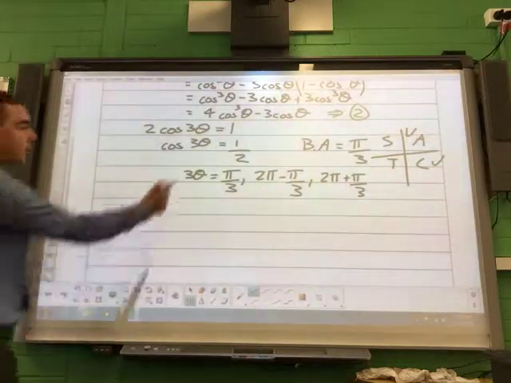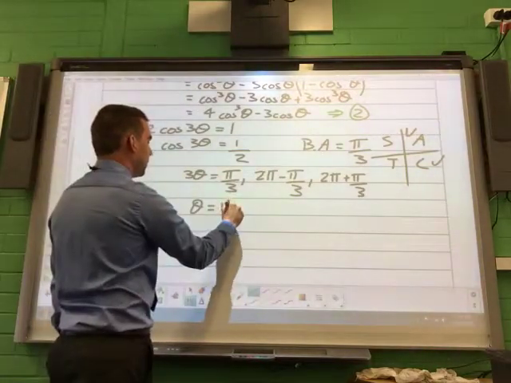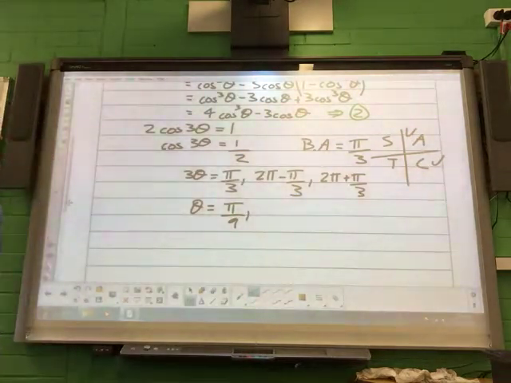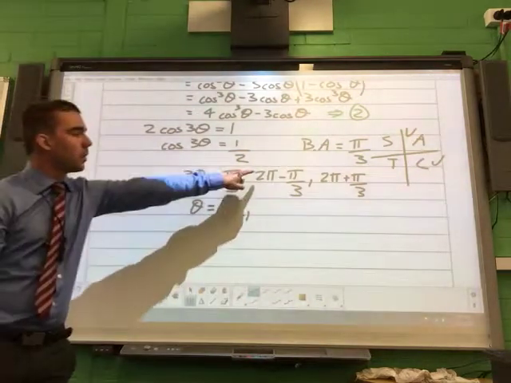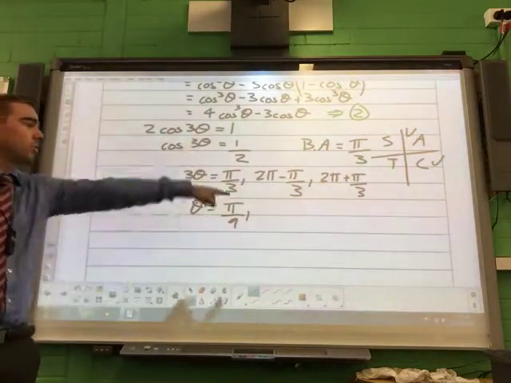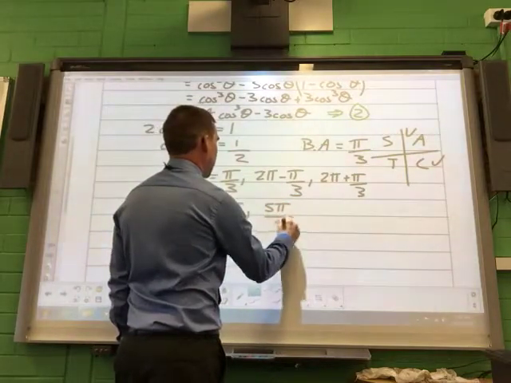Okay, so to get theta by itself, I need to divide all those by 3, so it becomes pi on 9. So 6 pi on 3, take away pi on 3, which is 5 pi on 3, and then bring the 3 down, so it'll be 5 pi on 9.